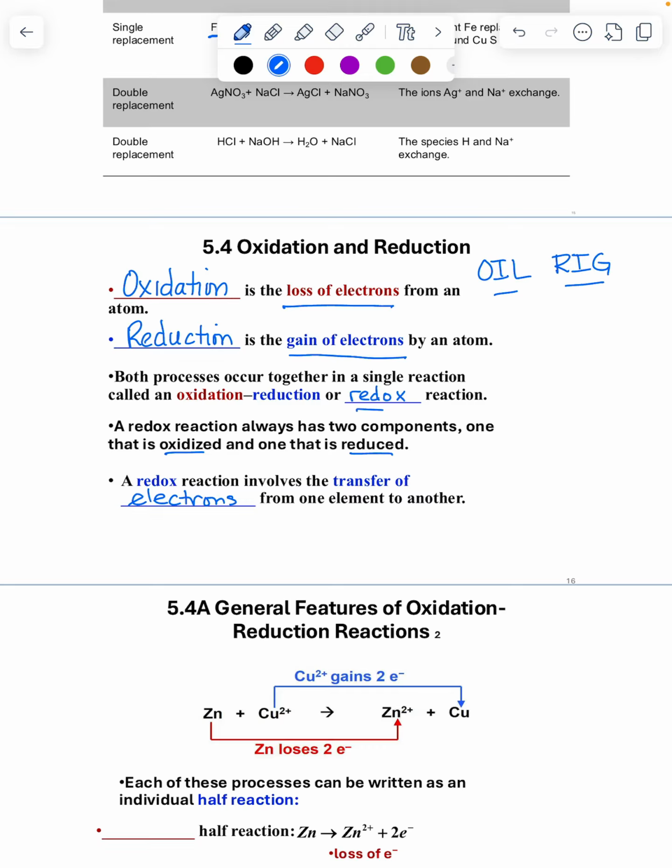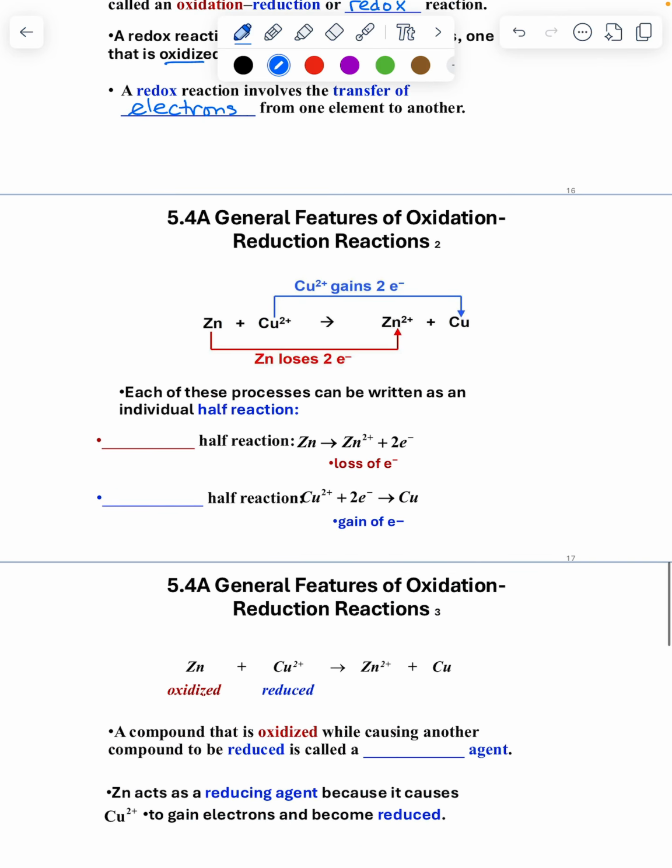Here we have a single replacement reaction. A zinc metal plus a copper 2 ion is going to produce a zinc 2 ion and copper metal. Each of these processes that we see highlighted here can be written as an individual half reaction. We're going to write the oxidation half reaction first. And remember, oxidation is OIL, oxidation is losing electrons.